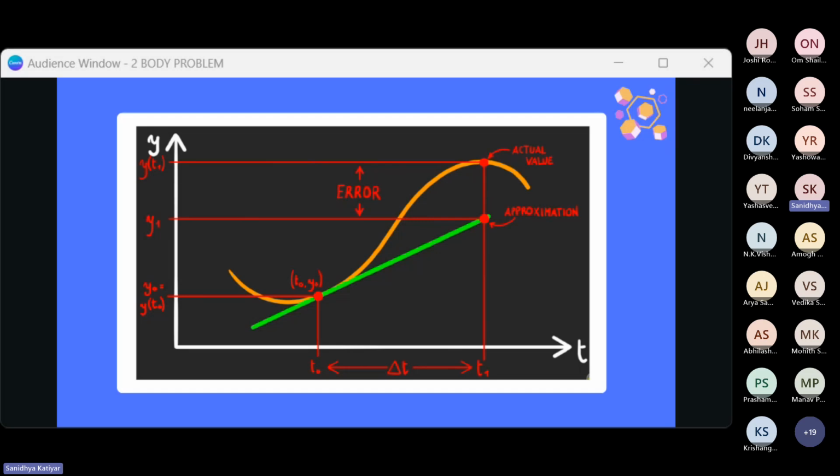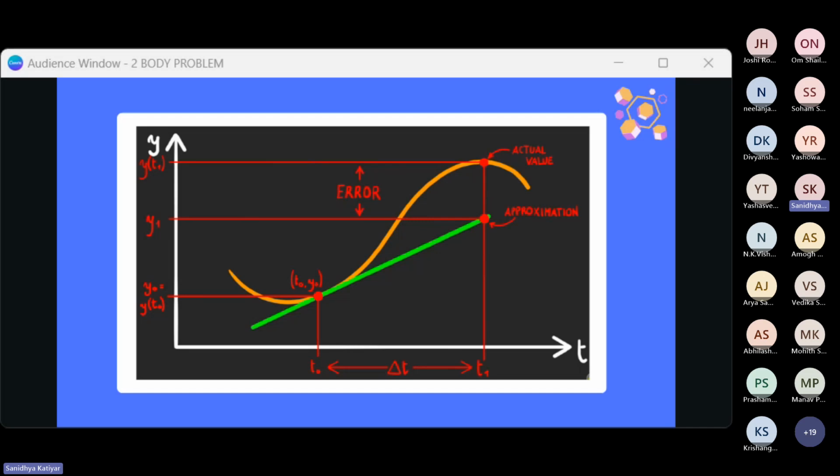If we computationally try to solve the two-body problem using numerical methods, the Euler method in specific, the trajectories and orbits would look like this, and it's a total mess. So that is why we cannot take delta t equals 0.001, as the error adds up.